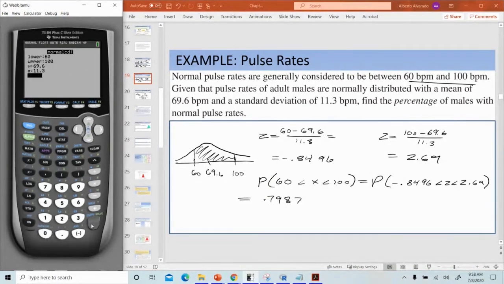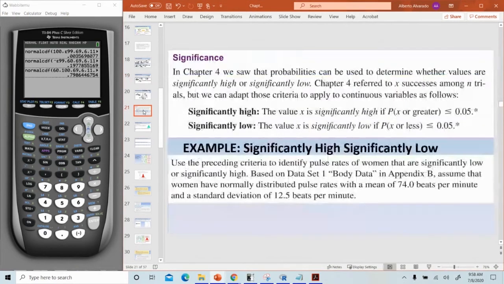Same mean, same standard deviation for pulse rates. And I get the same answer as well. So you see, you can do it that way. However, I think some of your questions will have you break it down using the z-score. But you should know how to do it both ways. All right.